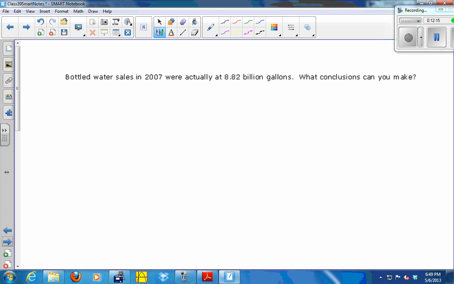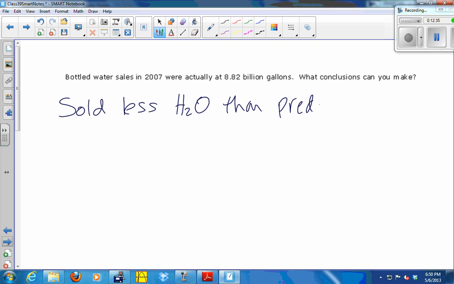Good, bad? The model sucks, yeah. Yes, we used fewer than predicted. Yeah. So sold less water than predicted.